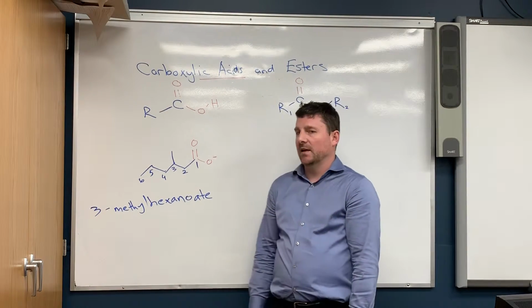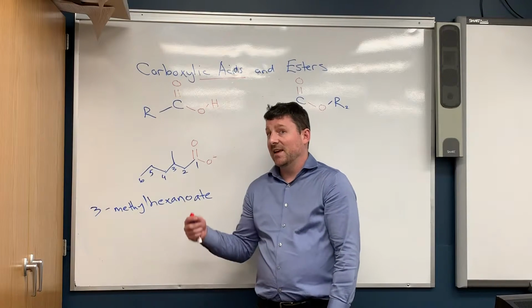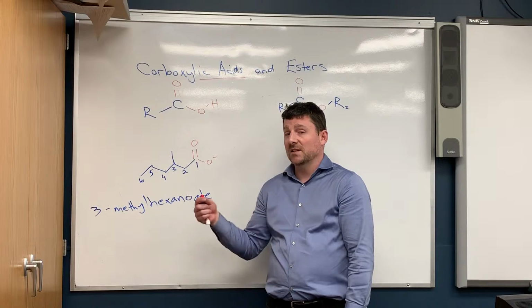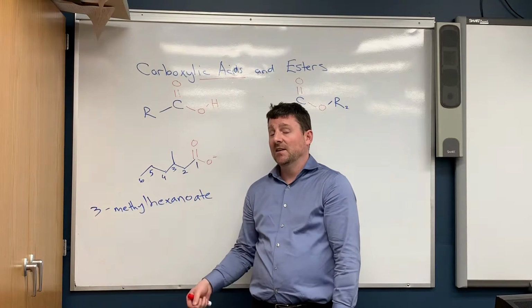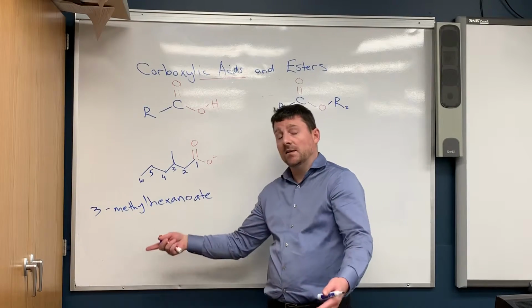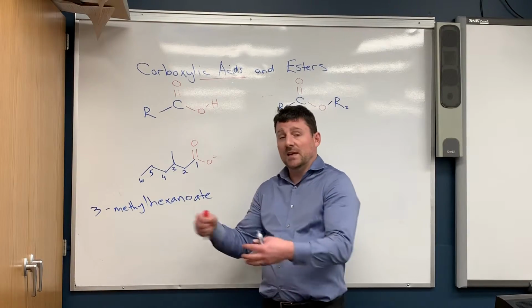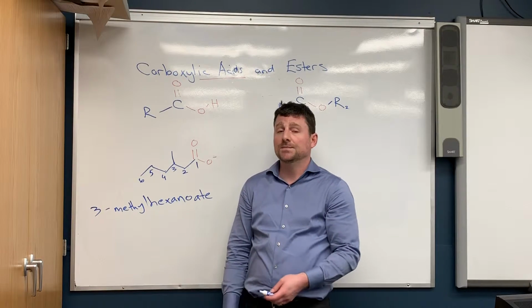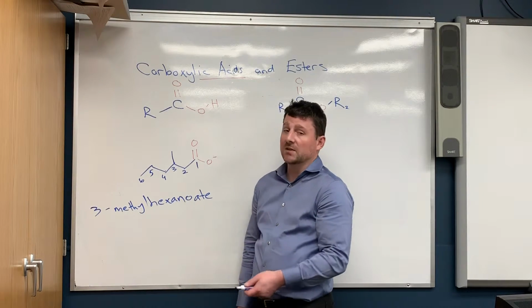Kind of like acetic acid: what is the conjugate base of acetic acid? It's acetate. So you take away the ic acid and you put ate, and that's how you get the conjugate base of a carboxylic acid.